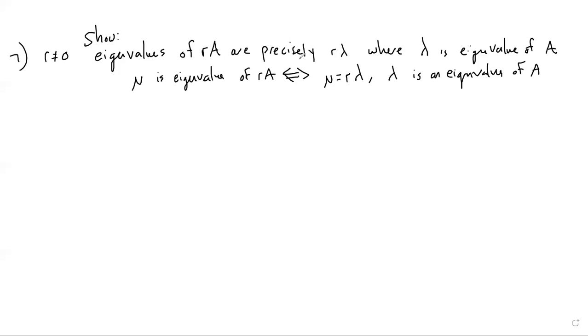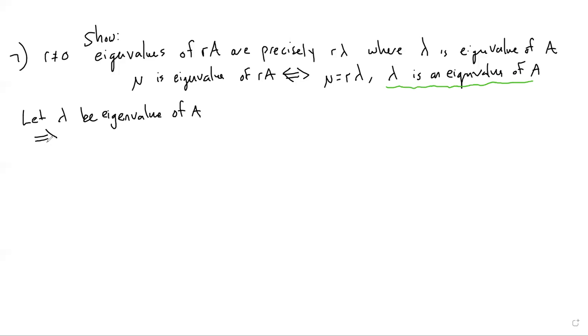So what I'm going to do is start with the easier statement here, that lambda is an eigenvalue of A. And I'm just going to use these if and only if statements to make my way to the other side.